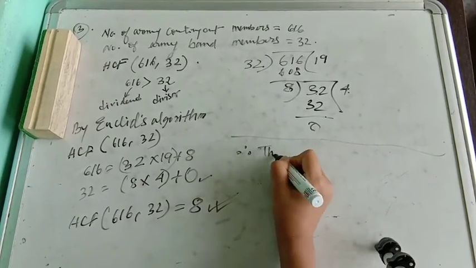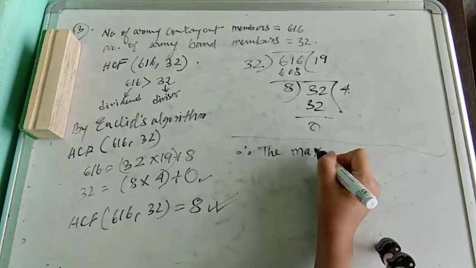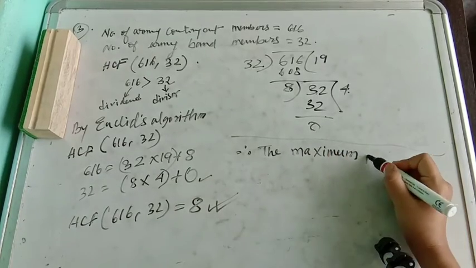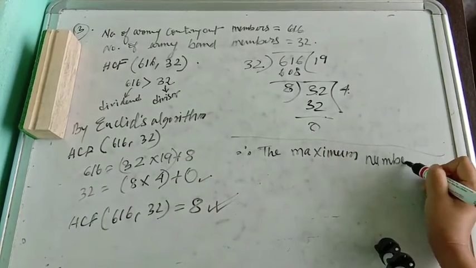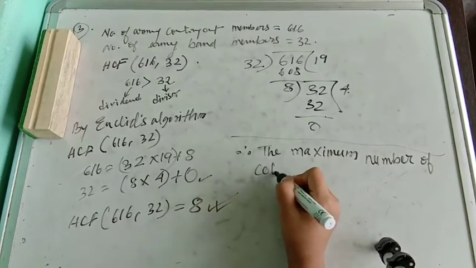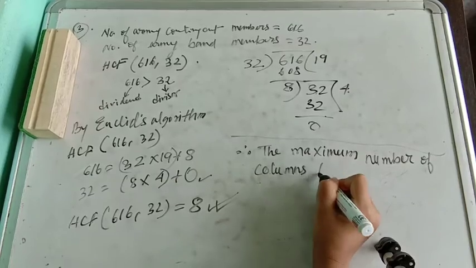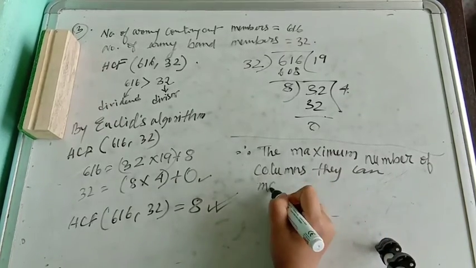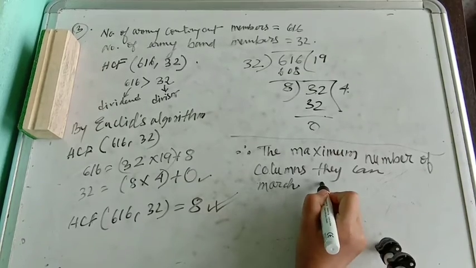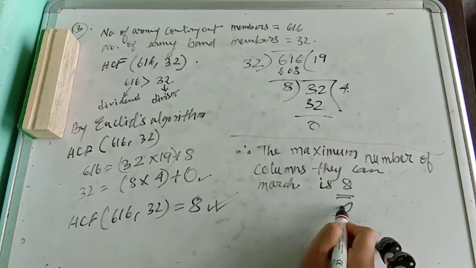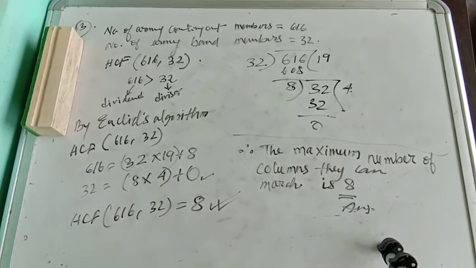So your answer is 8, and therefore you can write that the maximum number of columns in which they can march is 8, since your HCF is 8, which is your answer.